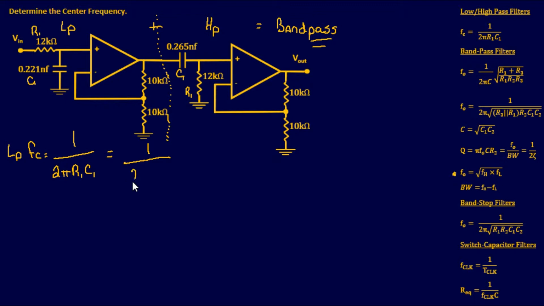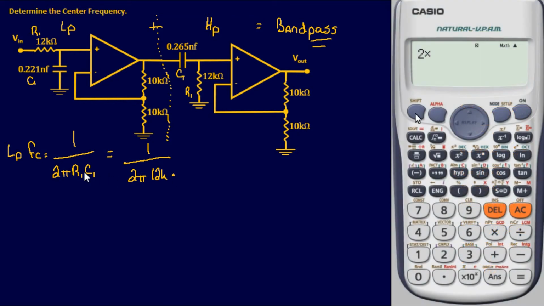Looking at this, we have 1 over 2 pi, and then R1 is 12K, or 12 kilo ohms, times your capacitance, which is 0.221 nanofarads.